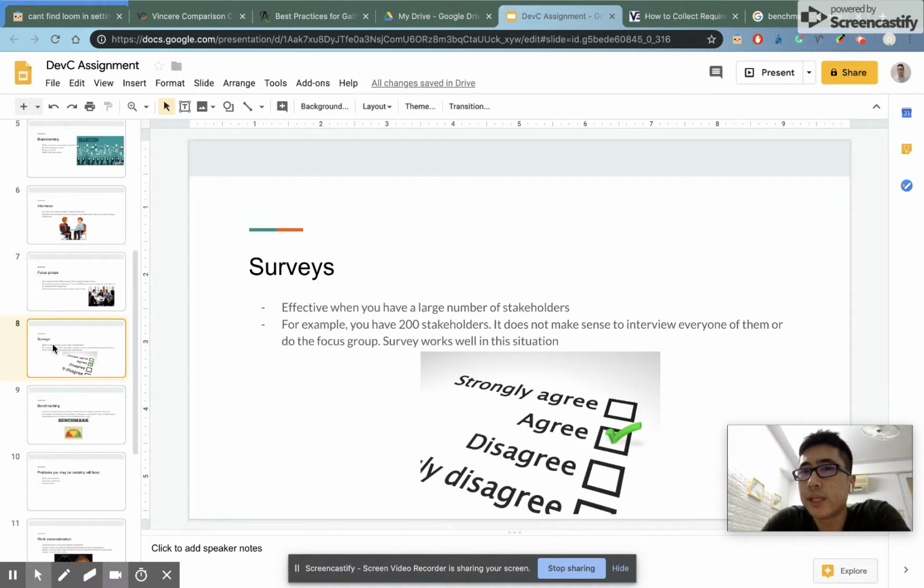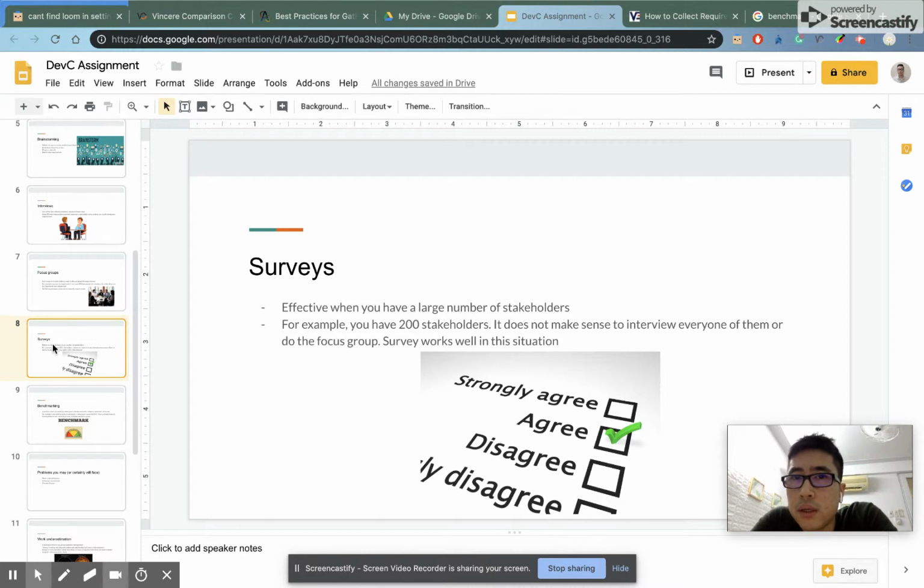Right, the fourth one is surveys. Why survey? A survey is very effective when you have a large number of stakeholders. Let's say you have 200 people in your project, including external and internal stakeholders. It doesn't make much sense to interview one on one or do a focus group because there are too many of them.